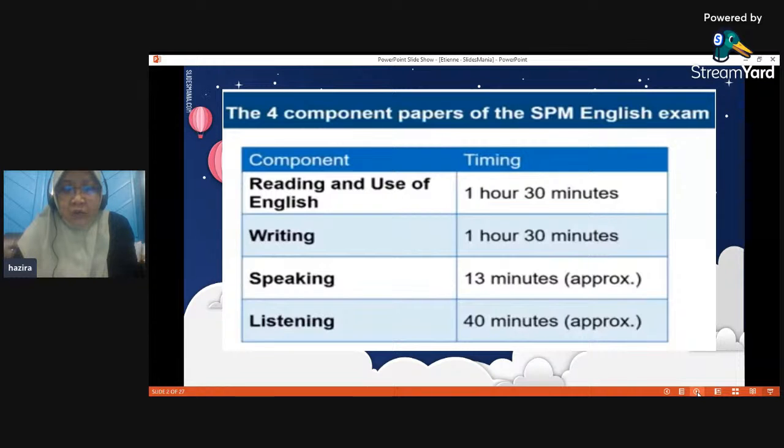So bear in mind that you have less than 30 minutes to perform, and it will contribute to your overall English paper in SPM. Today I will mainly focus on speaking Paper 3.